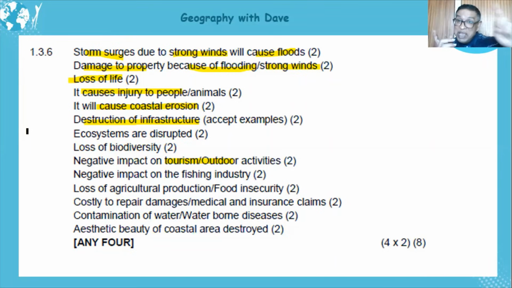The main words you looked at were negative impact. It's based on the strong winds and it's based on the coast of Mozambique. So in your answer, along the coast, you understand there'll be damage to property as the strong winds blow and destroy houses. Can you see?